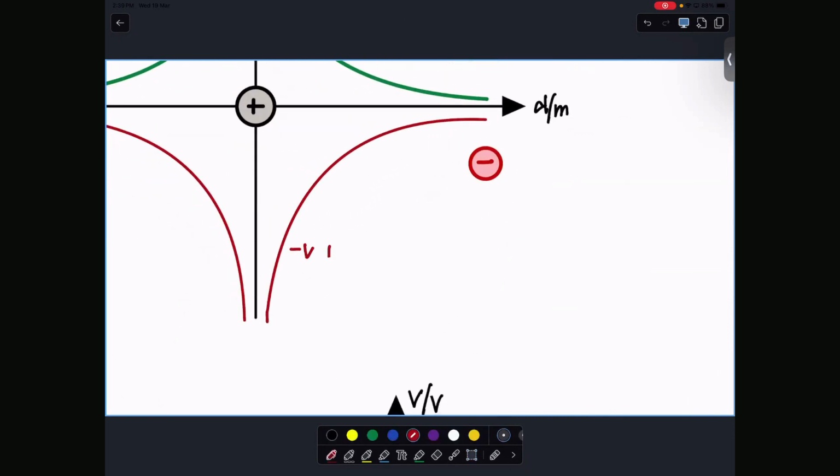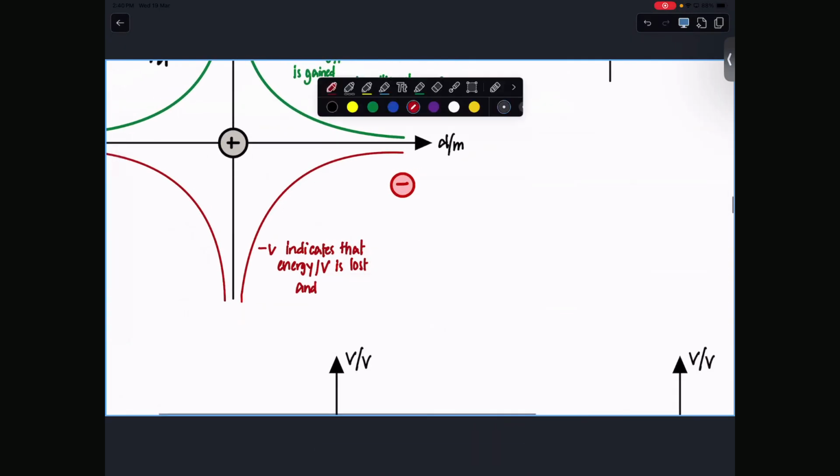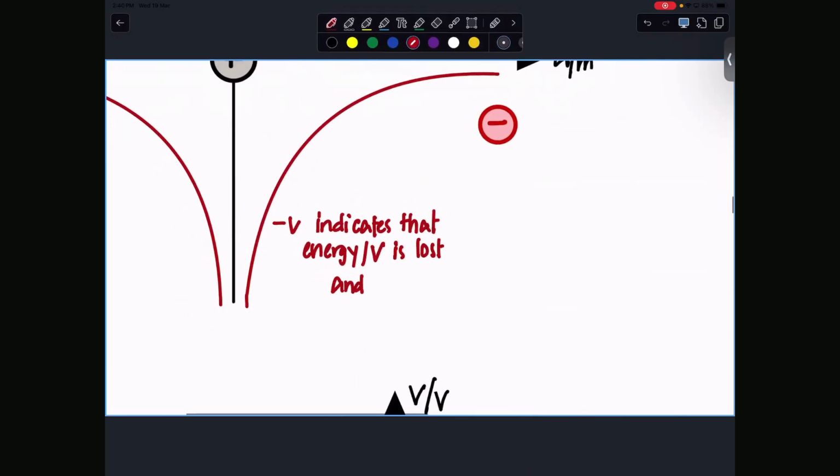Minus V indicates that energy or potential is lost, and this happens when unlike charges interact.